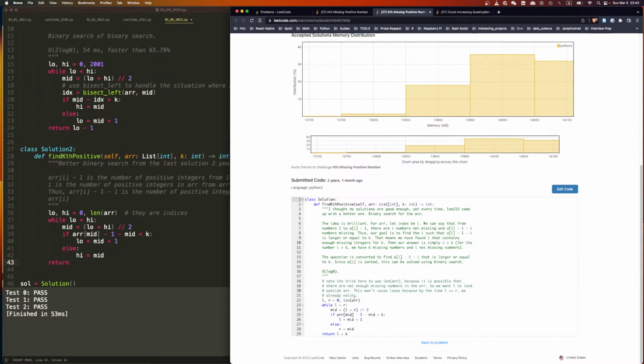I find I, which is mid, that contains enough missing. I find this have enough missing integers for k. I still don't understand.